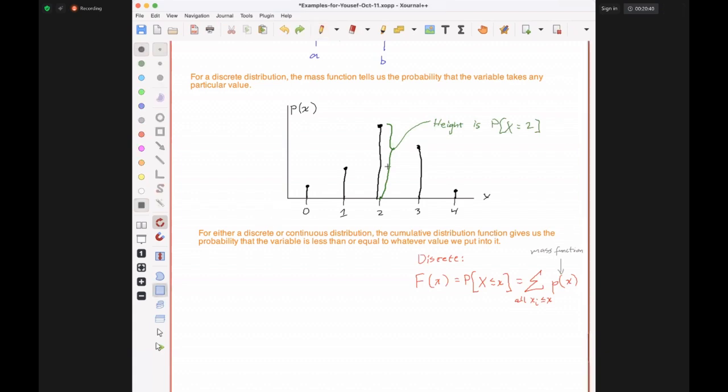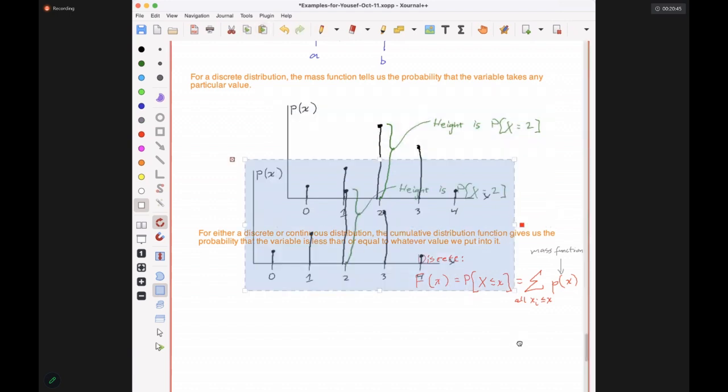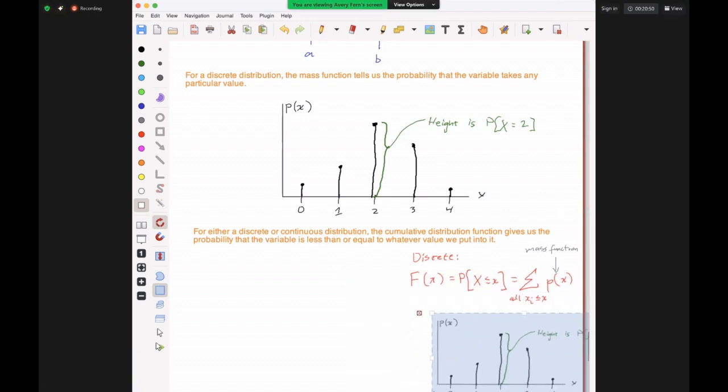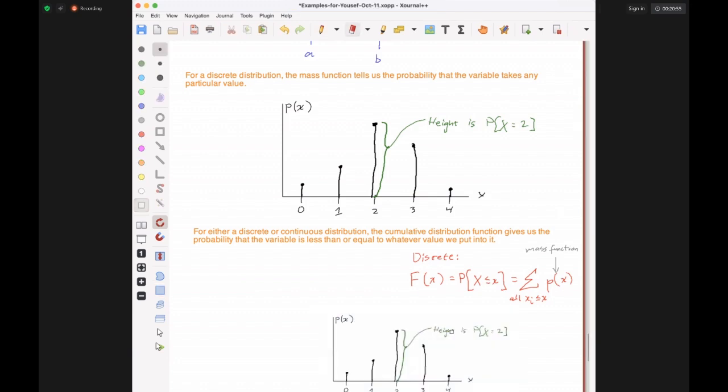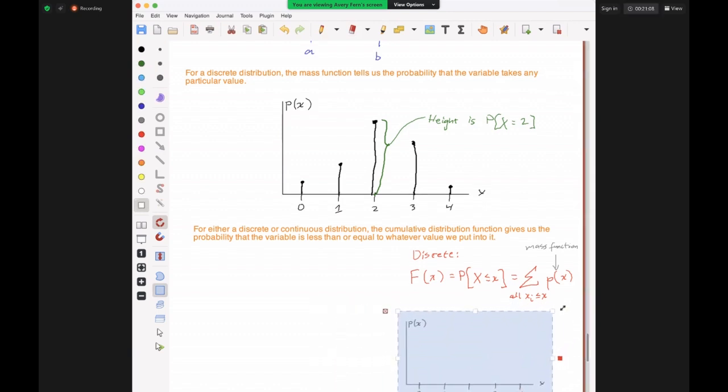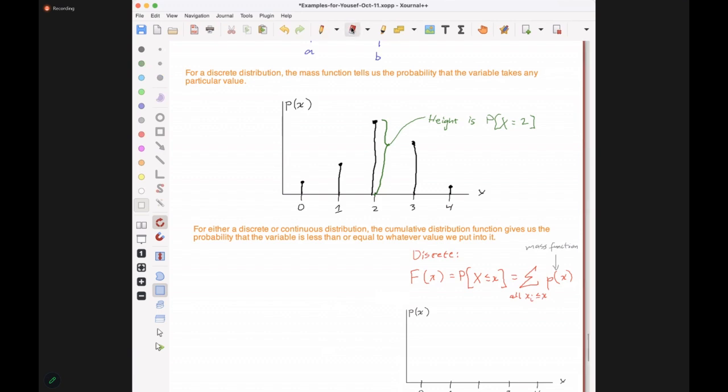And so I'll copy this to use as a starting point for drawing the CDF. And instead of p of x on the vertical axis, this will be large F of x.